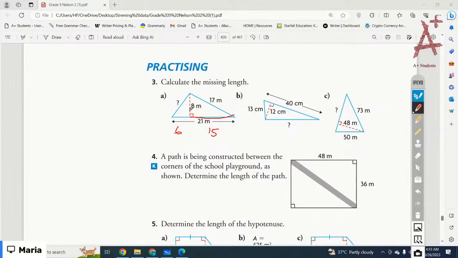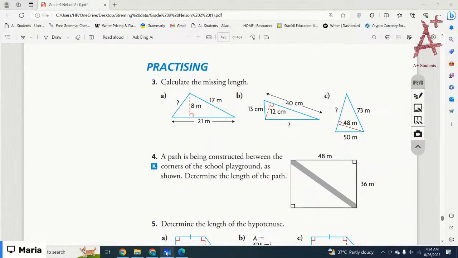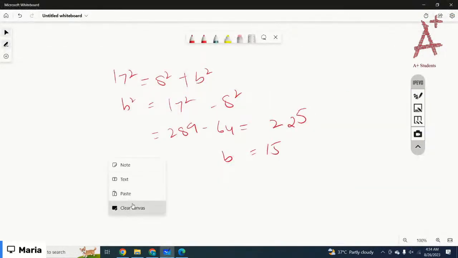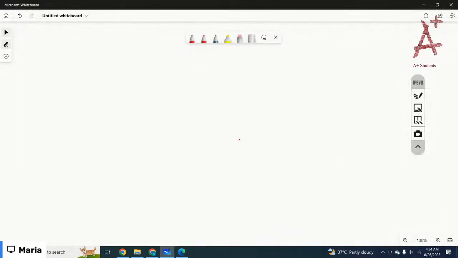You have 6 now. You have the height of the triangle and base. Now you can calculate this side by using the Pythagorean theorem. You can use 8 and 6 to calculate. c square equals 6 square plus 8 square. 36 plus 64 makes 100.